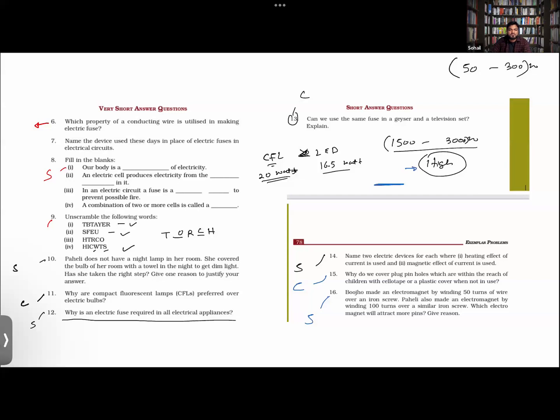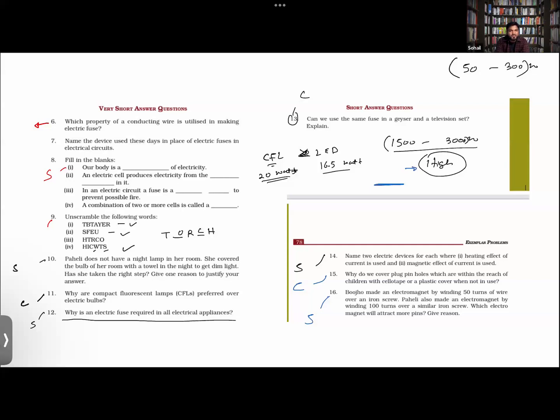One main reason is child safety, because children are curious and accidentally insert objects into the electric outlets. That's why they are covered with sellotape or plastic when not in use.